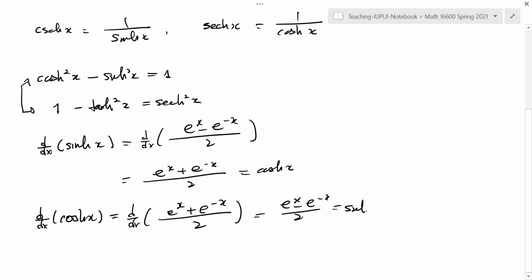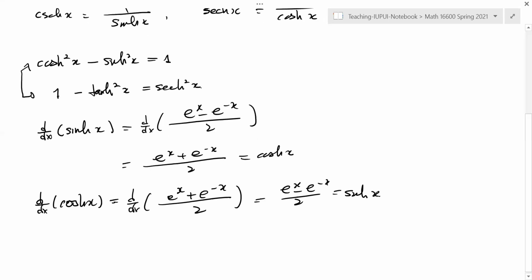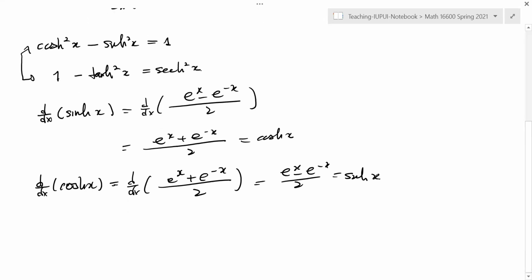So this is hyperbolic sine x. If you forgot those formulas, you can redo it quickly and figure it out. But at least you should know the derivative of e to the x, and the definition of these hyperbolic functions.